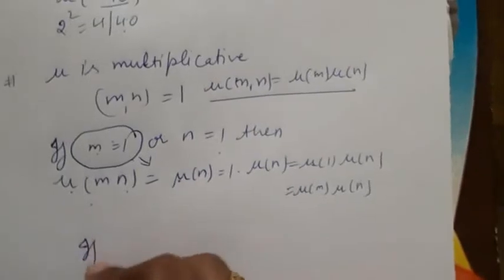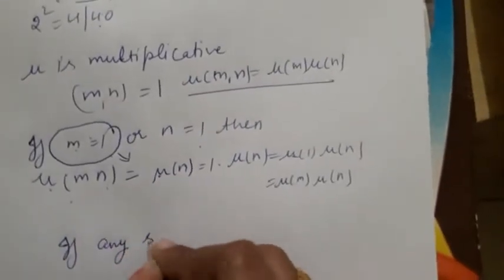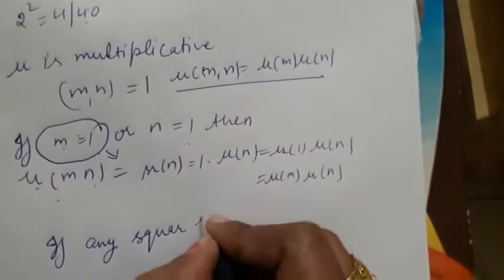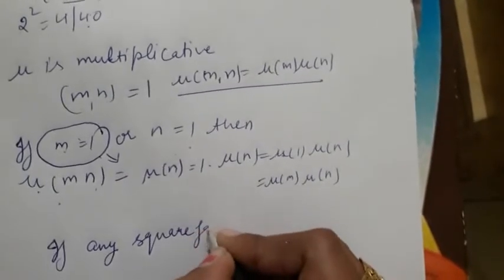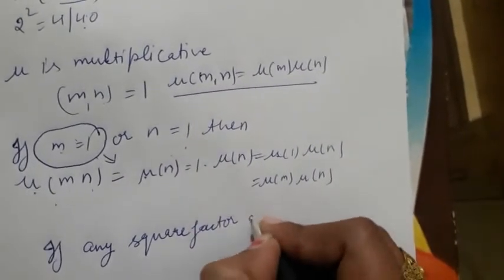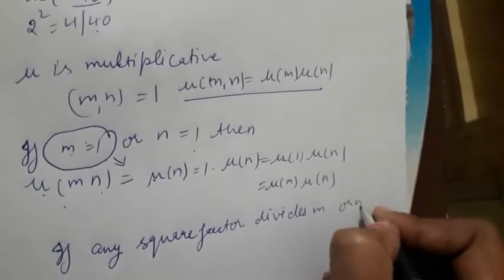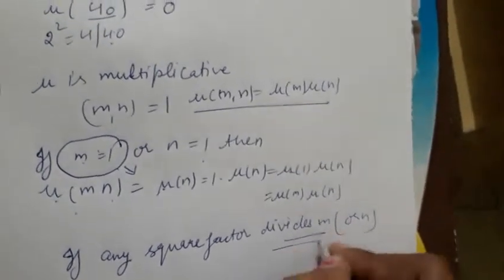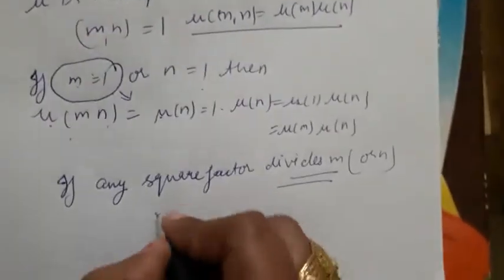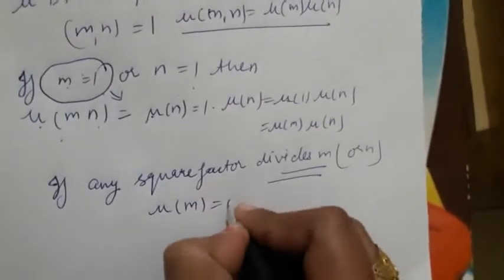Again, if any square factor divides m or n, suppose any square number divides m, then mu of m is equal to 0.